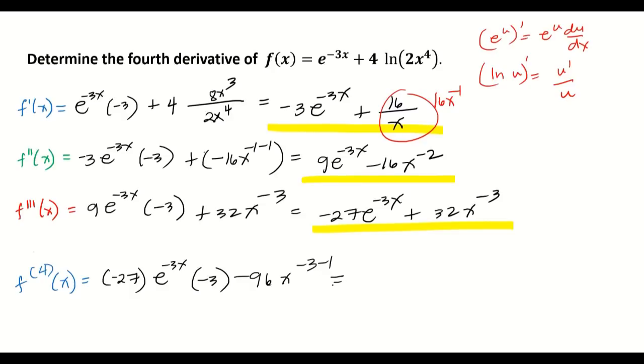So simplifying, so we now have positive 81 for negative 27 times negative 3. And then e raised to negative 3x. And this would be negative 96 x raised to negative 3 minus 1 is negative 4. So this is our fourth derivative.